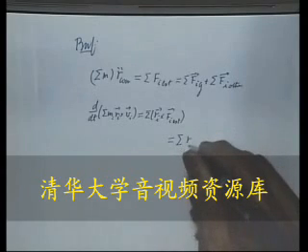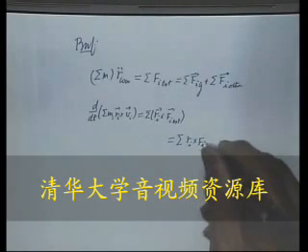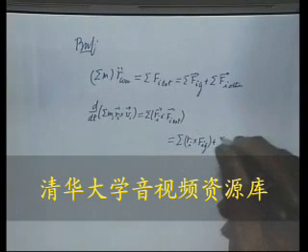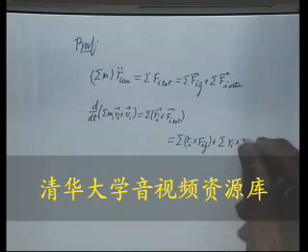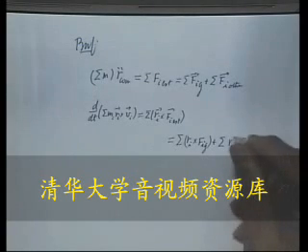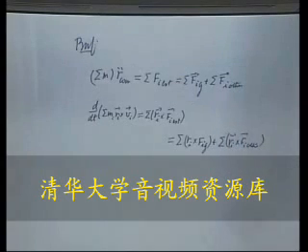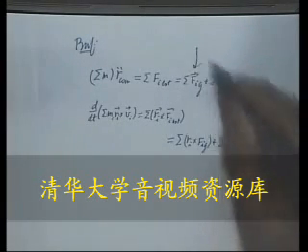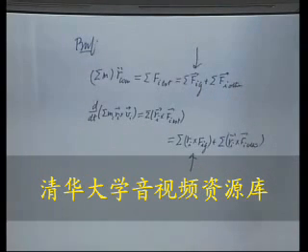Summation of Ri cross Fi gravitational plus summation of Ri cross Fi other. In other words, we separate the gravitational effect from the non-gravitational effect. These are the gravitational effect. What we now want to prove is that this gravitational effect is equivalent to the case where there's only one force acting on one point, the center of mass.